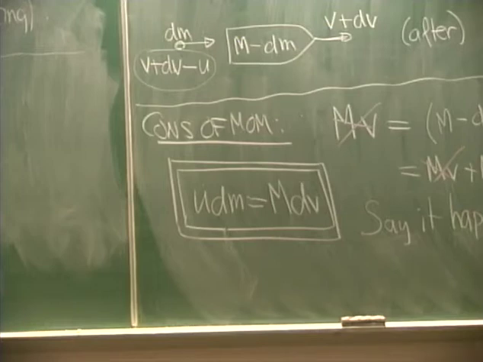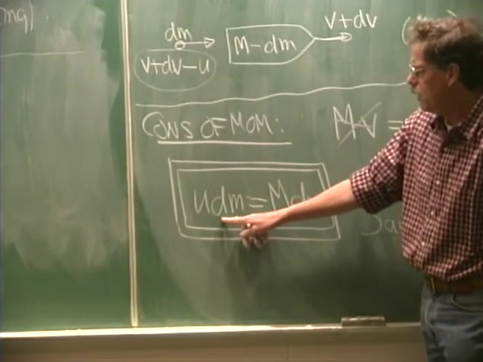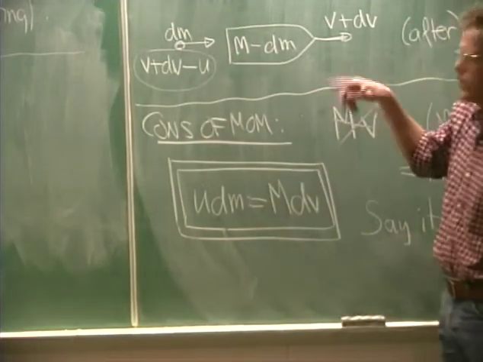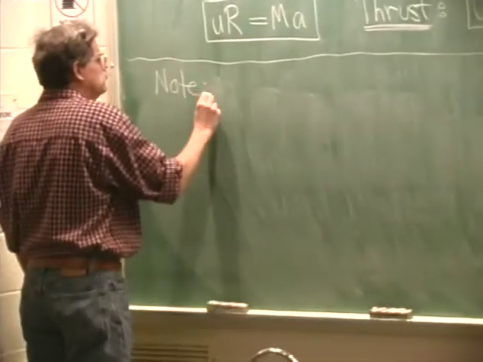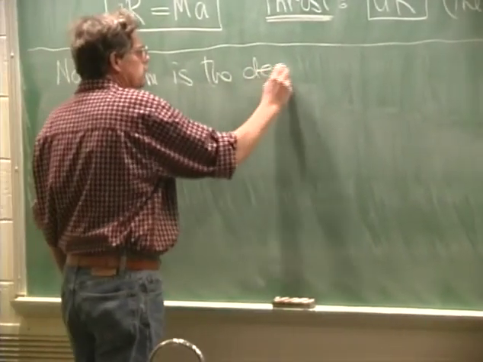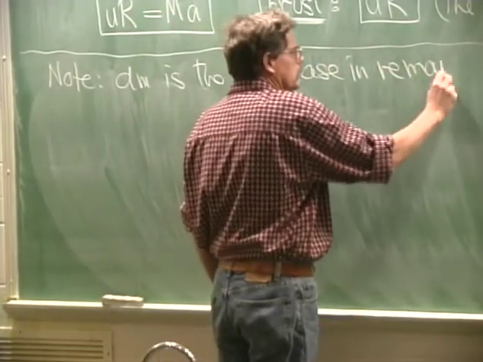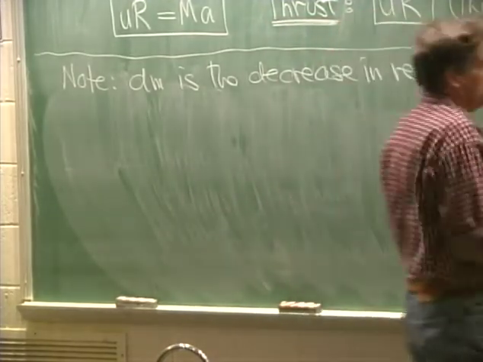Okay, this is actually bad notation here, or rather redundant notation, because dm, the amount that went out the back, is actually the decrease in the mass of the remaining rocket.